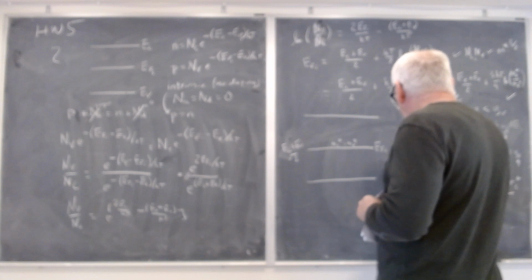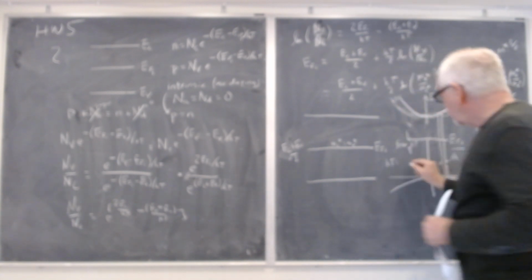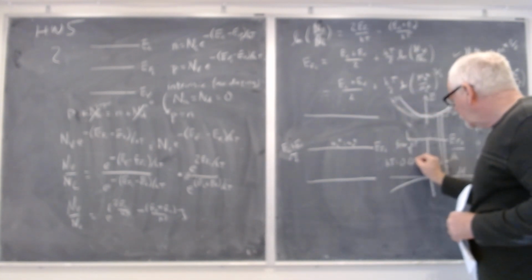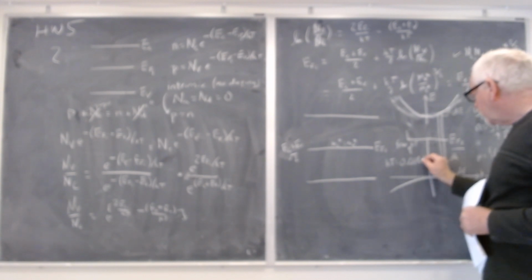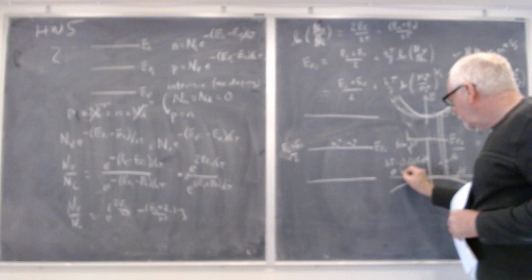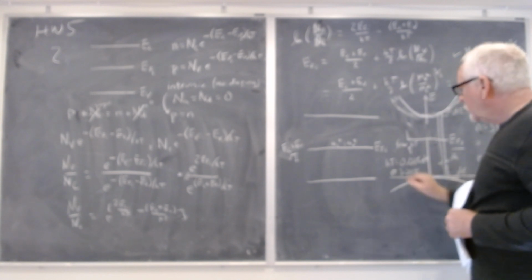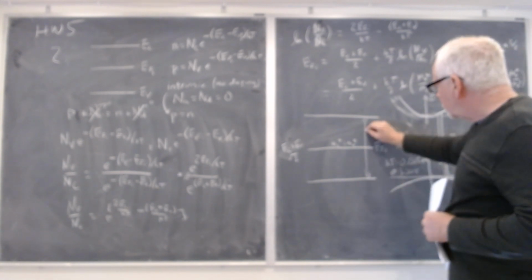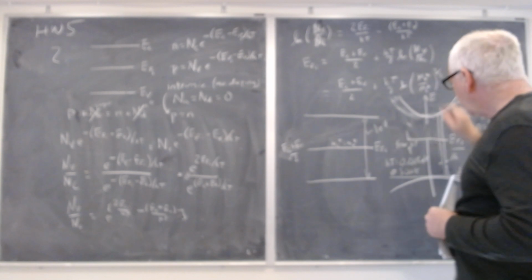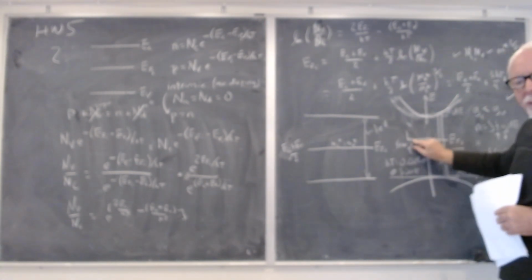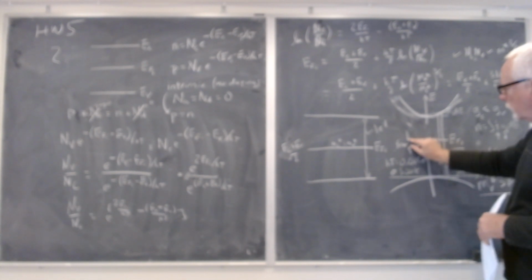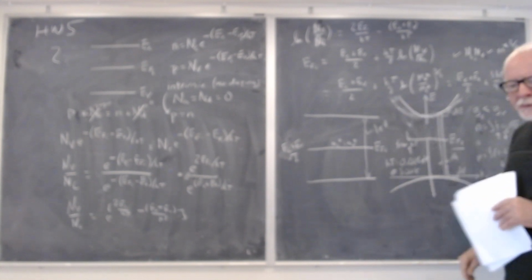Now remember, kT is 0.026 electron volts at 300 Kelvin, whereas the band gap is somewhere on the order of 1 eV. So a few kT is not a big value compared to the band gap itself.